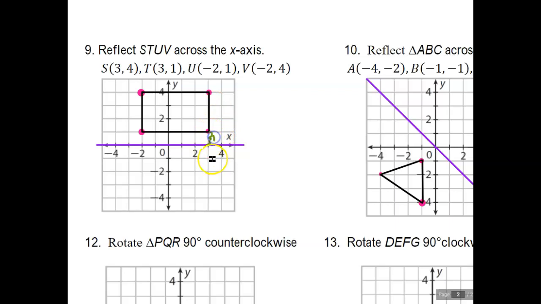So if this is 1 away, then its reflection is going to be right here. If this right here is 4 away, then the reflection down here will be 4 away as well. And of course, they'll be the same size and shape, just in a different location. So that's what a reflection over the x-axis will look like.